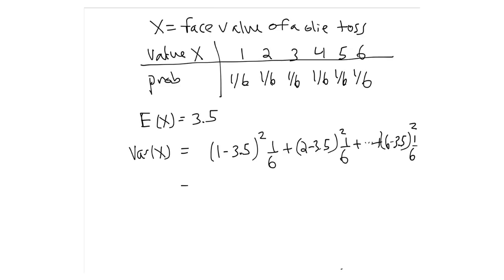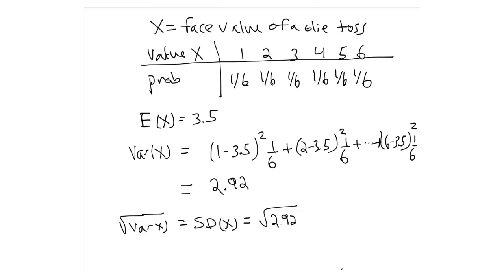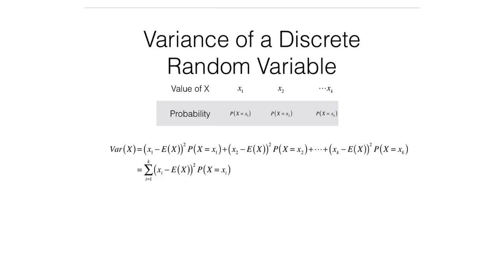And if you plug this into a piece of statistical software or a calculator, you'll end up with the value 2.92. The square root of the variance is called the standard deviation of x. And in this case, that's equal to the square root of 2.92, which is equal to 1.71.